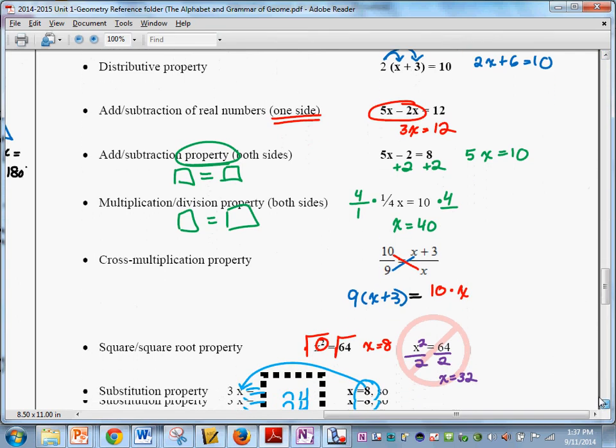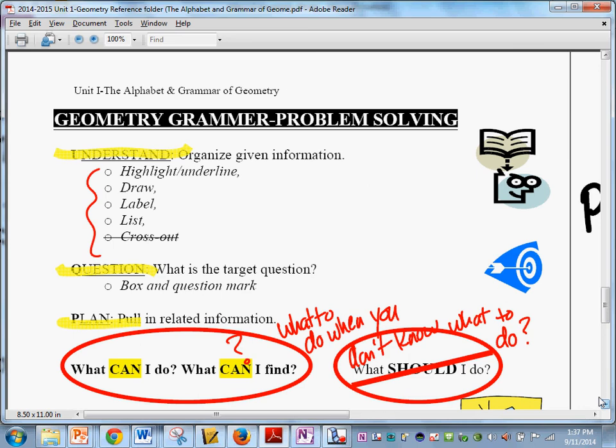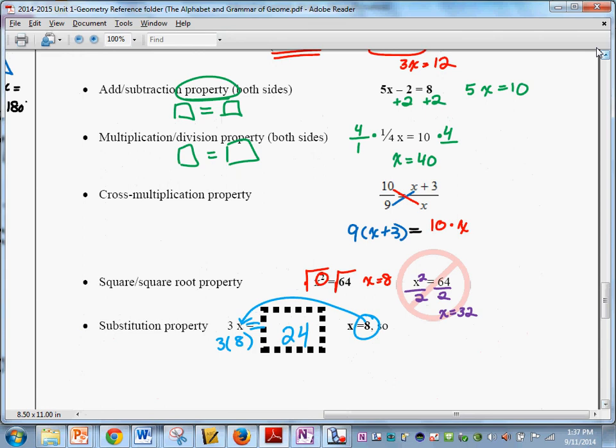Okay. Then continue. You know that when you have a proportion, you can cross multiply. Say cross multiply. Okay. You cross multiply, you never distribute in your head, you always leave that for a separate step. Last 2, if you have x squared equals 64, the way you backtrack a square is you square root both sides.